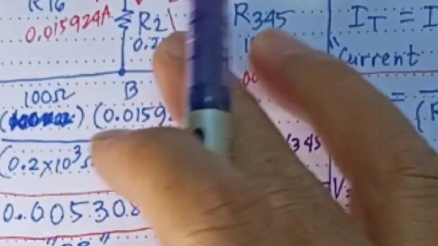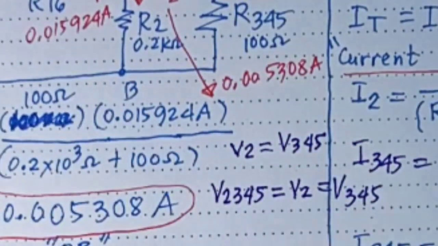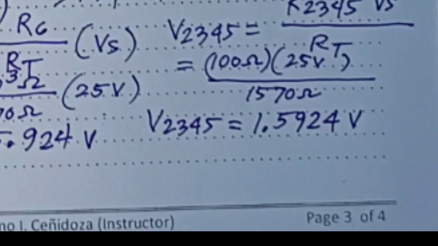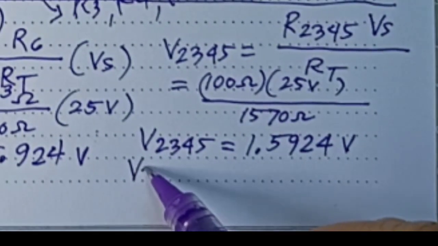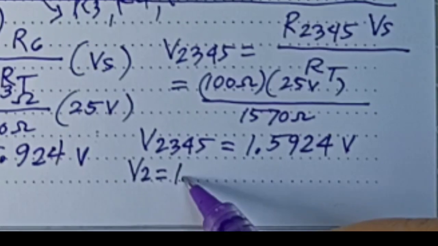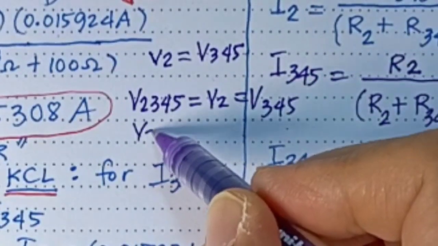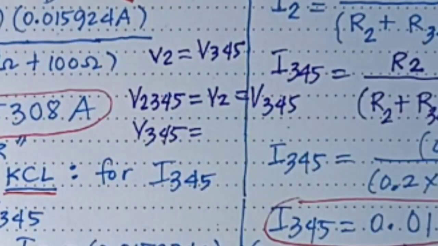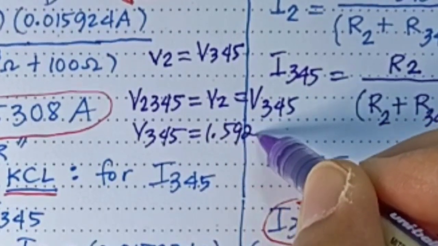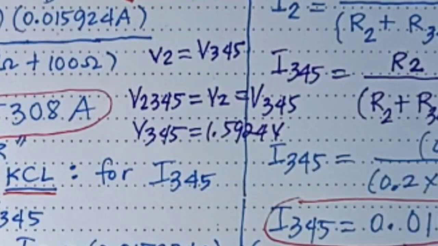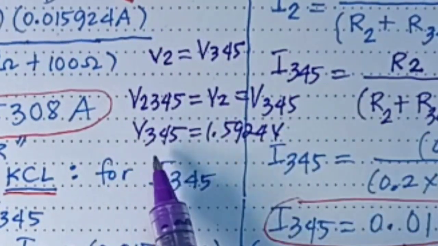Again, the total voltage of these two, they are in parallel over here, will be equal to V2345, which we already know. Therefore, I can say now that V2 here equals 1.5924 volts. And I can also say that V345 equals 1.5924 volts.